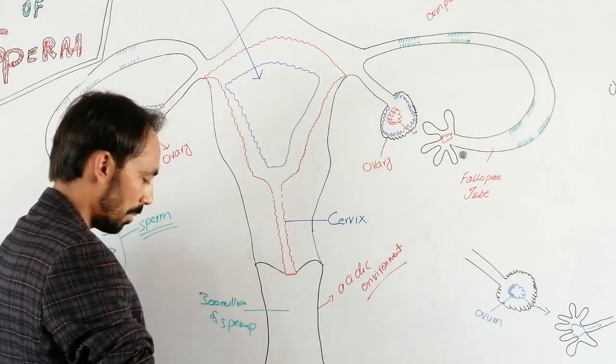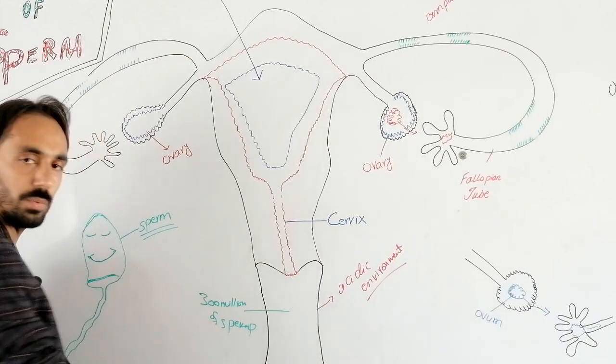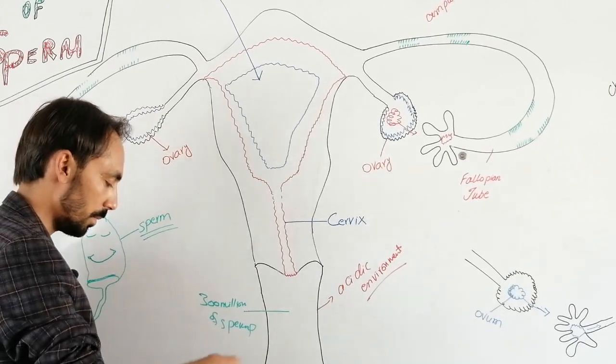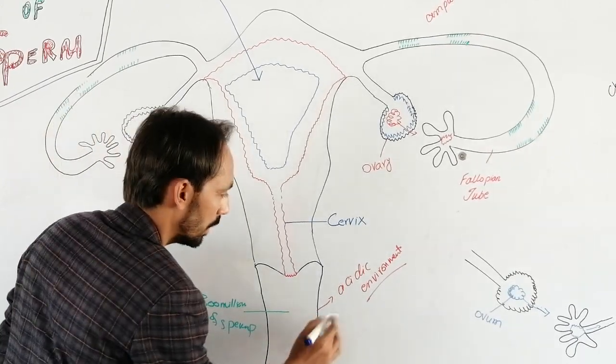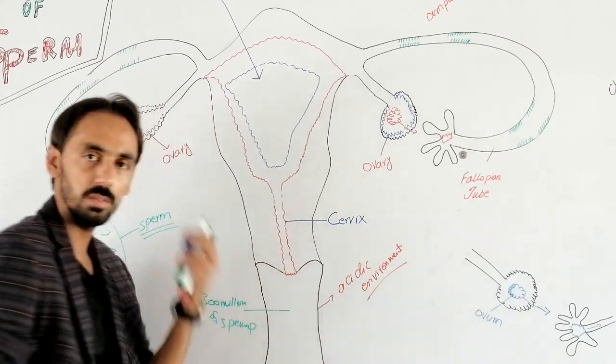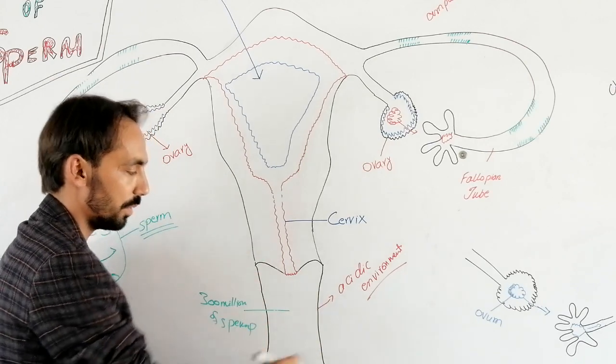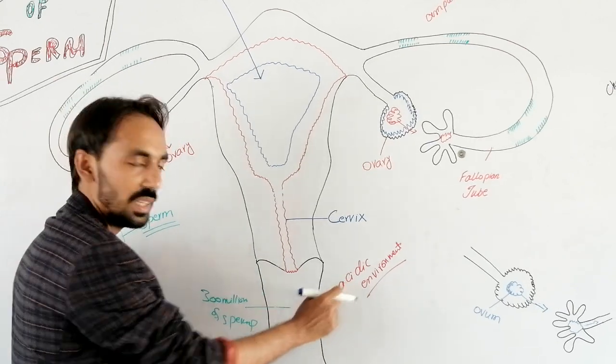But this part of the vagina has a disadvantage for the life of the sperm, because it has an acidic environment. The whole atmosphere in this part of the female reproductive system is acidic.